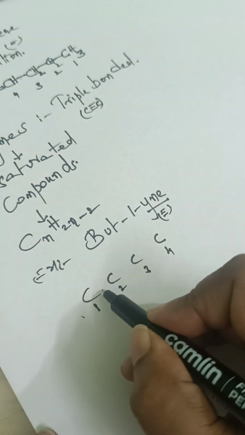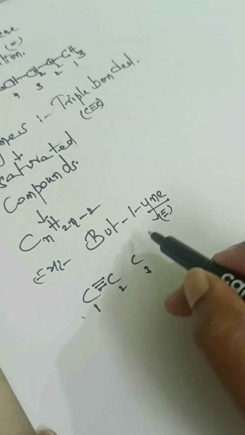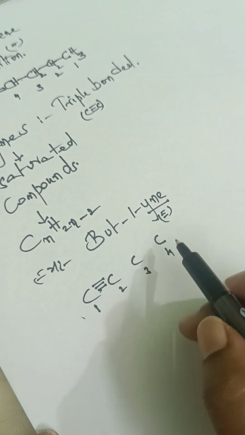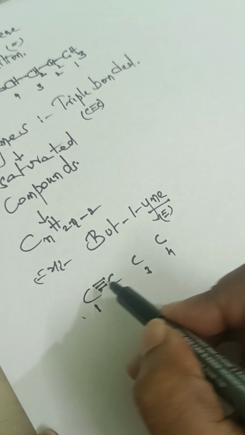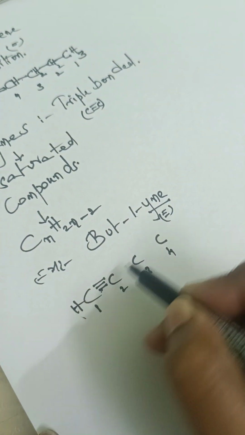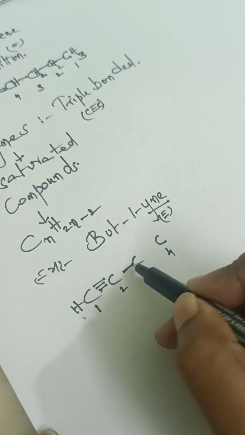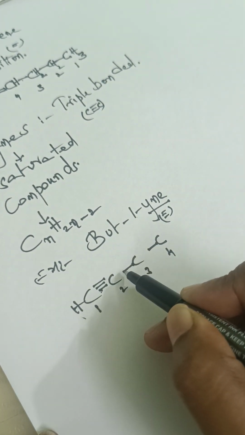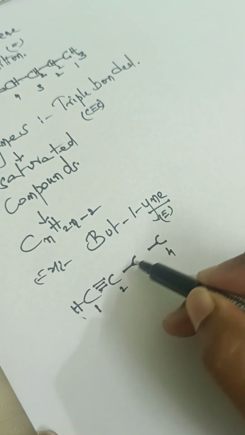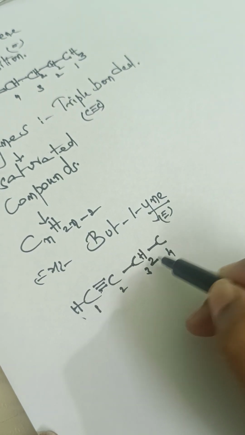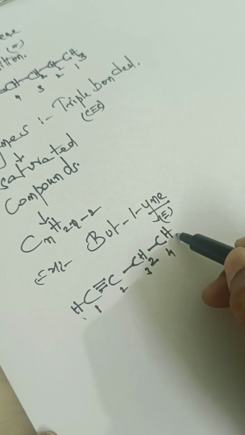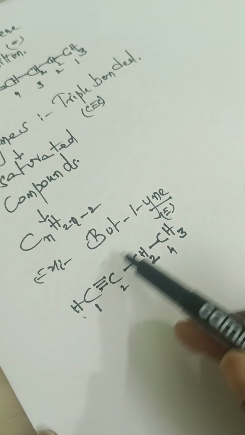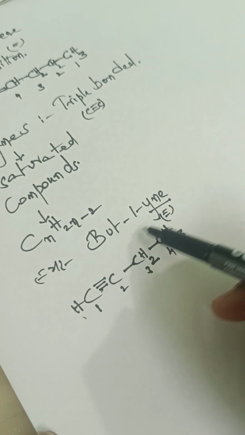So place a triple bond here. Now you have to satisfy the valence of the carbons. 3 bonds are there, so 1 hydrogen here: 3 plus 1, 4, this is satisfied. The next carbon has 2 hydrogens, and the last carbon has 3 hydrogens. So this is the structure for but-1-yne.